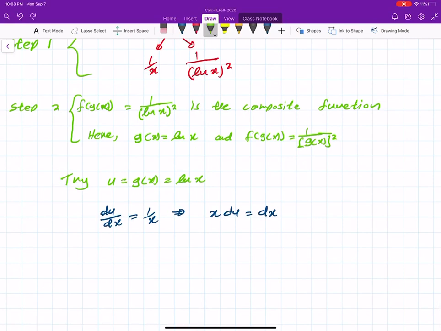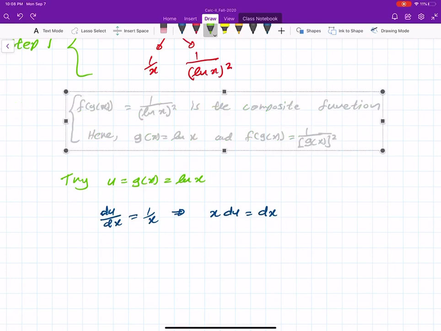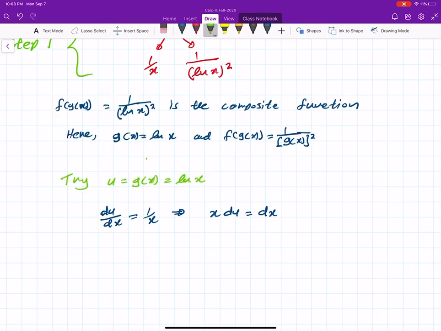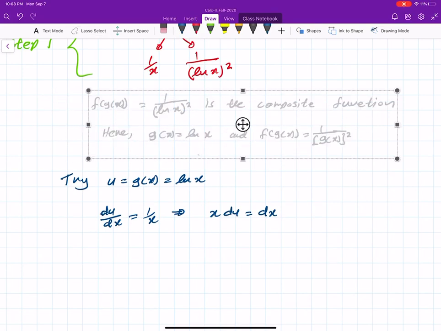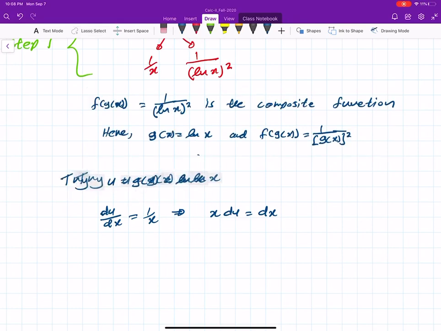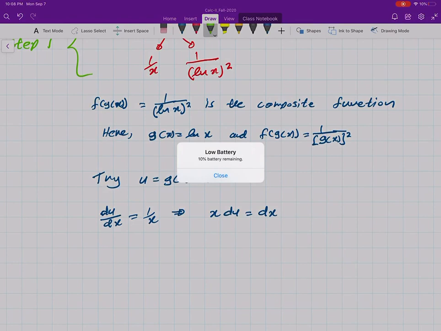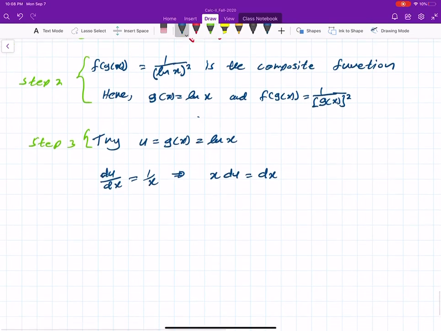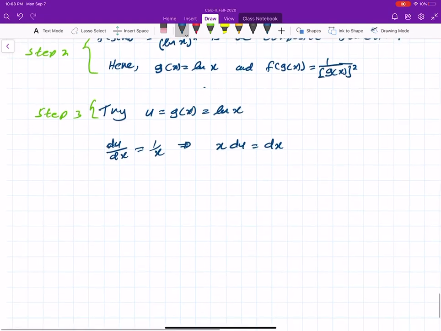I'm sorry. This is step 2, and this is step 3. All right, go forward.